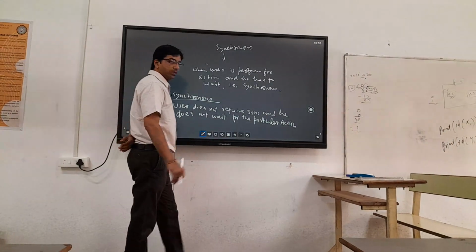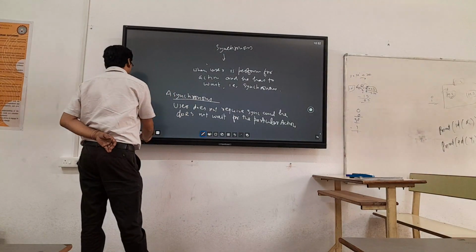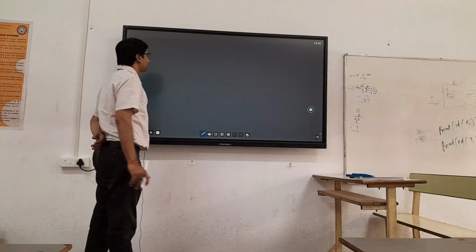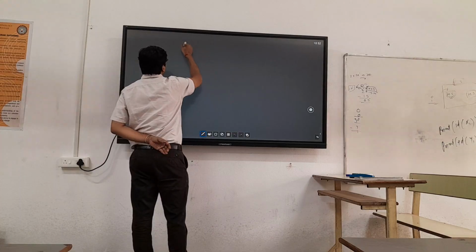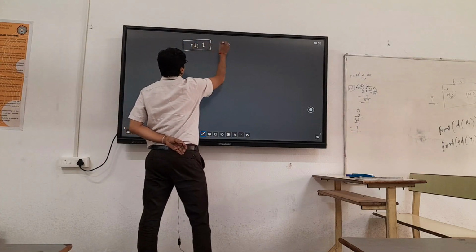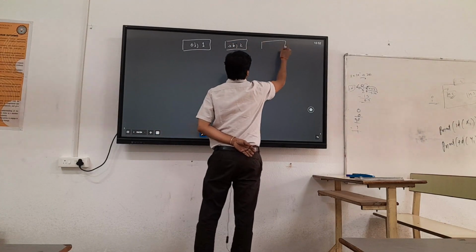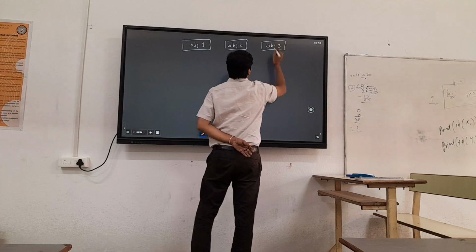Now I come to the sequence diagram. This is my object 1, object 2, object 3.